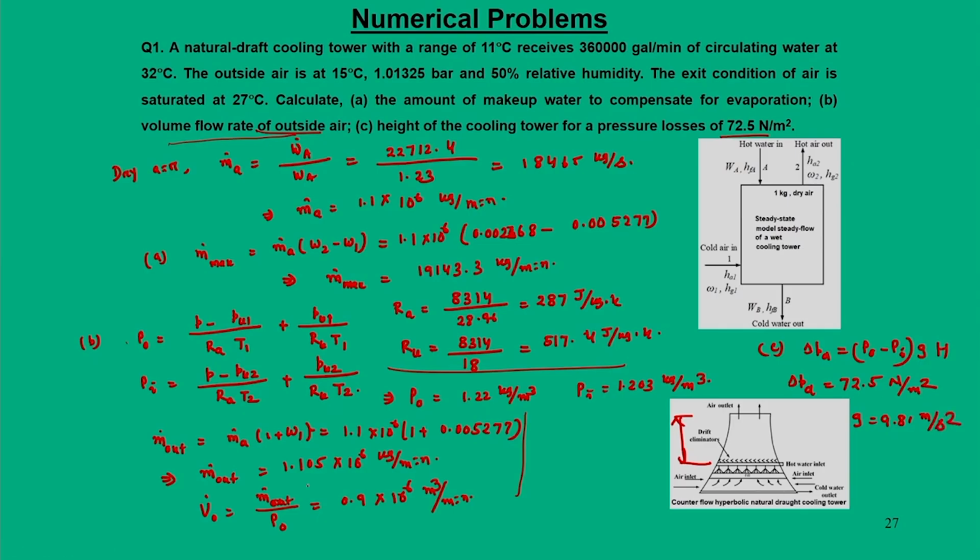The density difference rho O and rho I are known. So, this will give you H is equal to 435 meter. So, for a natural draught cooling tower with this data we require a height of 435 meter for continuous operation of air to maintain this density difference.